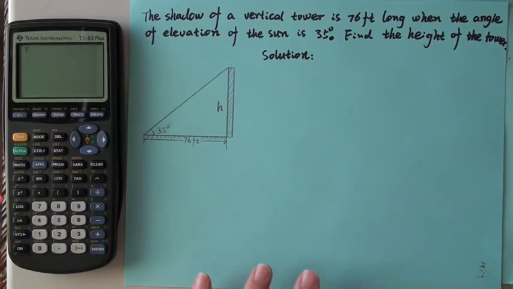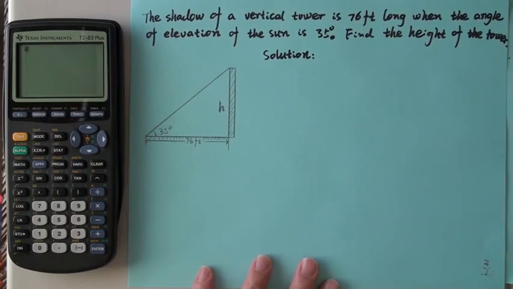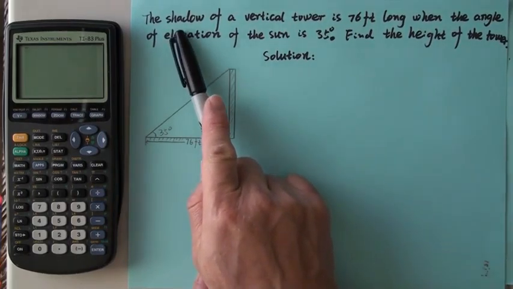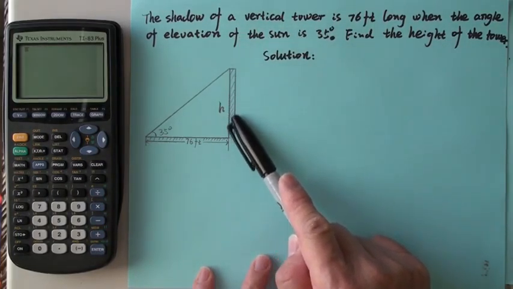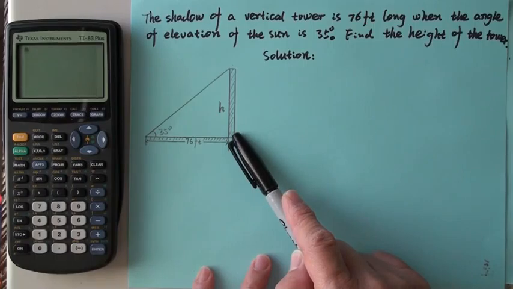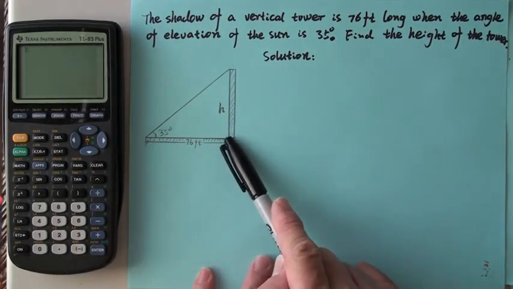Here is another example. This example says that the shadow of a vertical tower, this is a vertical tower, and then the shadow is this part.